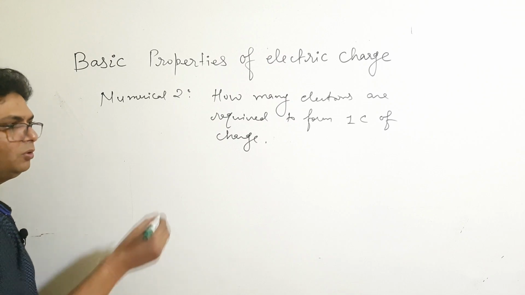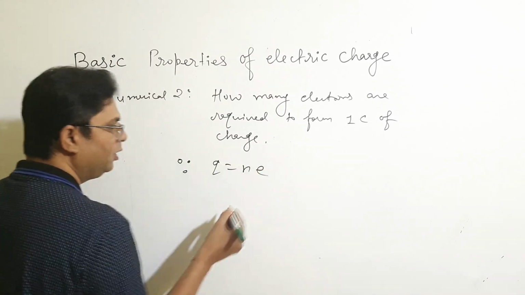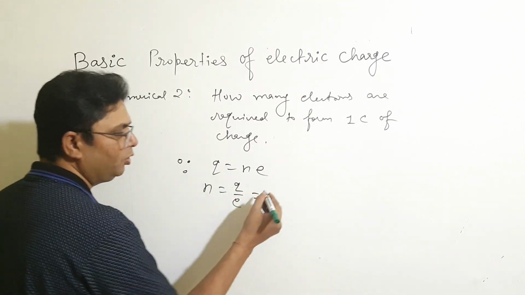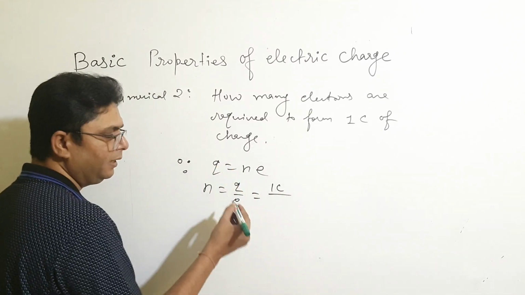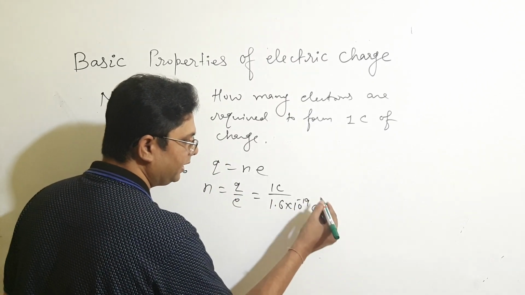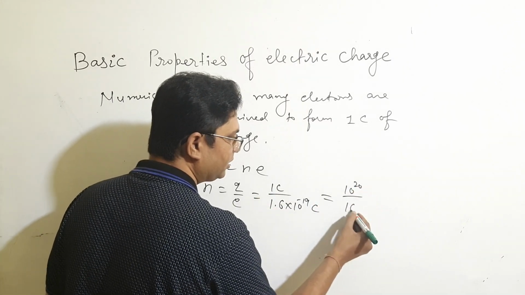Let us see the solution. You know that Q equals n e, so n equals Q upon e. The value of Q is 1 coulomb, and the value of e is 1.6 times 10 to the power minus 19 coulomb. So this is 10 to the power 20 upon 16.